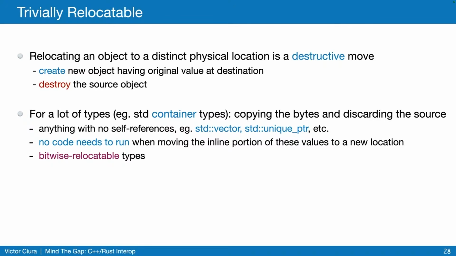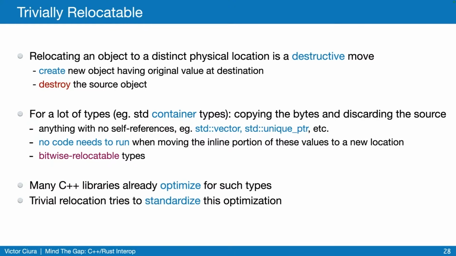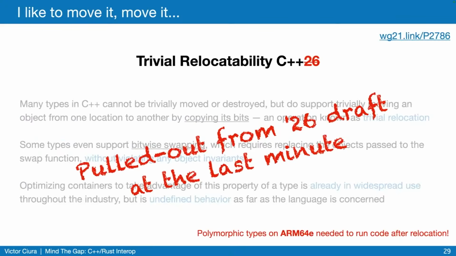No code needs to run when moving the inline portion of these values to a new location. So they're basically bitwise relocatable types. And that's a good thing. Many C++ libraries already optimize for such types, including standard library implementations. So trivial relocation mostly tries to standardize this optimization that's already common practice.